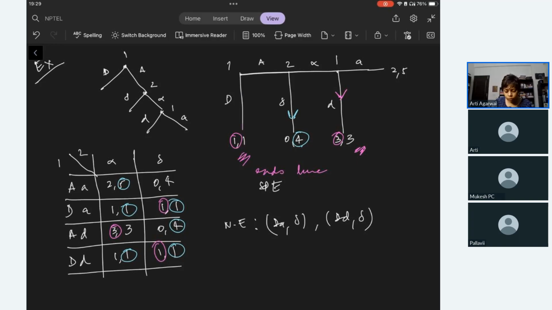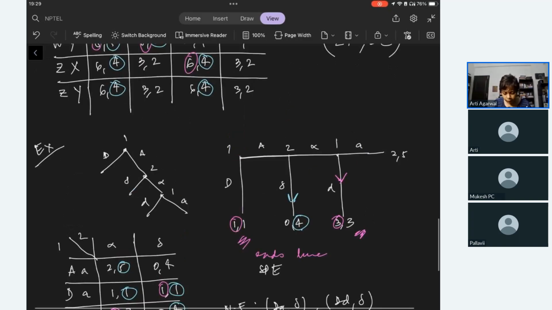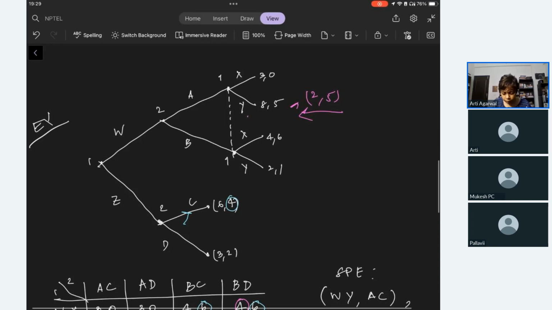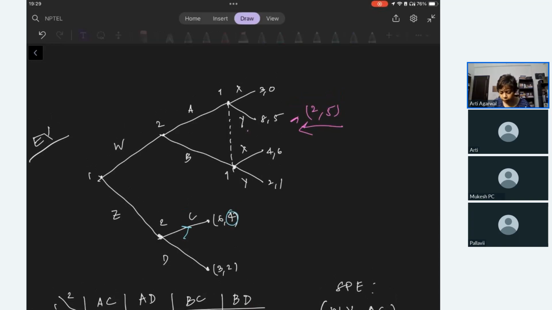Okay, so there's one more thing I think I forgot to mention in the previous game. In this particular game, we did not look at the subgame perfect equilibrium for these two parts, X and Y. So just to go over it once, let me erase this to avoid confusion.